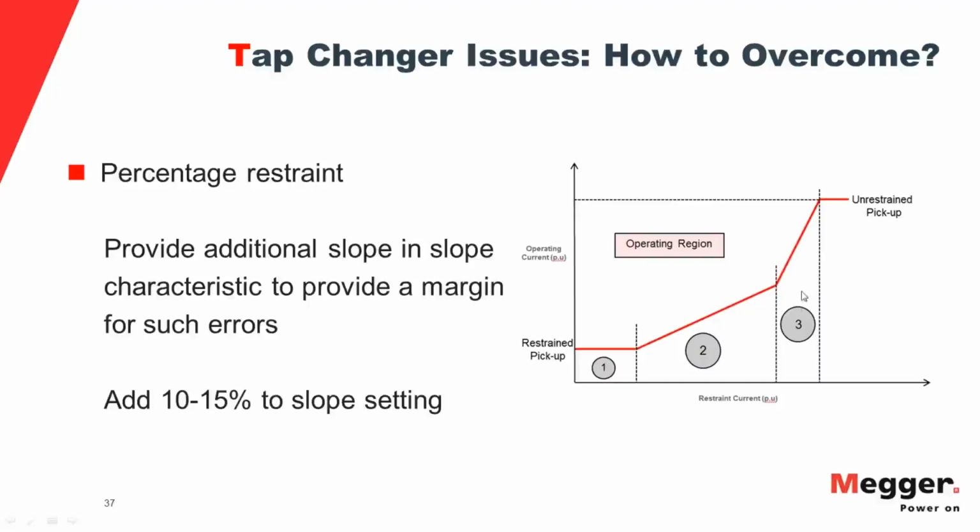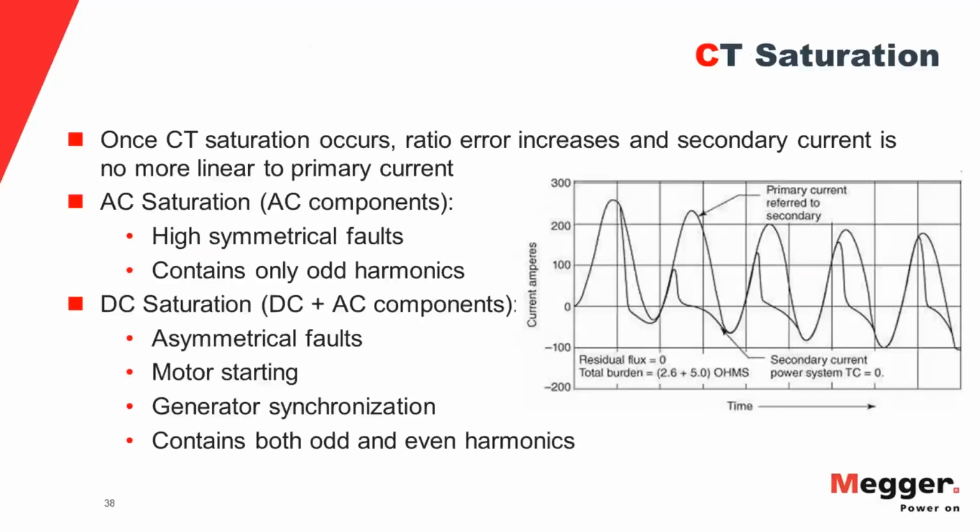Why is this a misoperation? As I said, CT saturation is not a condition of internal fault, and my differential is designed to operate only for internal faults. There could be two different types of CT saturation. One happens when there is a high symmetrical fault, and it will only have AC components in the waveforms and has odd harmonics.